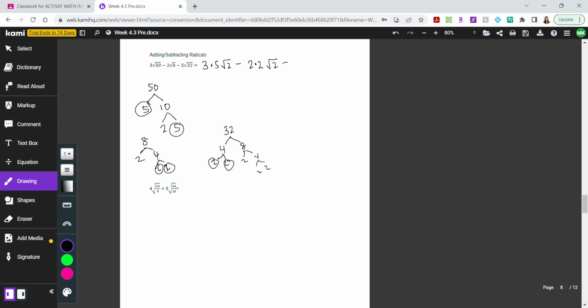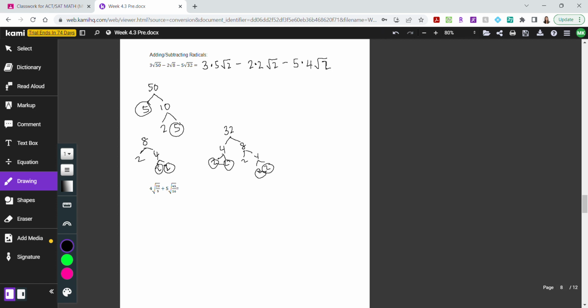We have two groups of 2. So we know 2 times 2 is going to be 4. So we have 5 times 4 because 2 times 2, and then square root 2 because this 2 wasn't repeated.